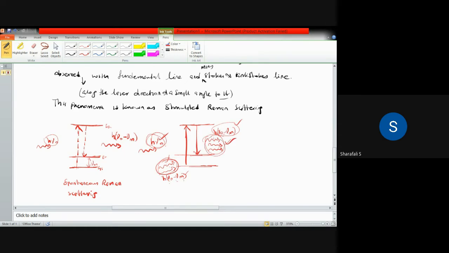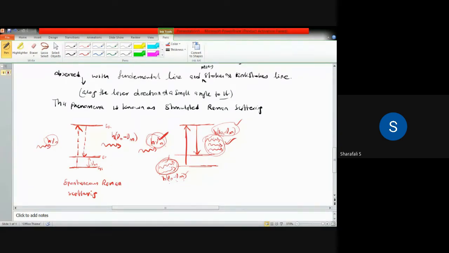So a large number of photons with h nu 0 are interacting with the material, because you are using a very high intensity pulse, so you will be getting a very large number of h nu 0 minus nu m photons, and those photons will have very high intensity and will cause the next scattering.